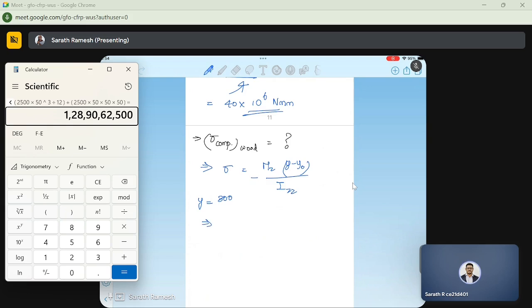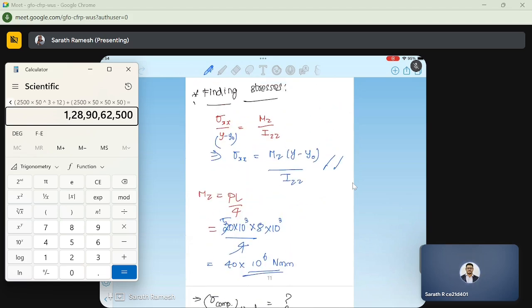Okay, so sigma equal to minus Mz, which we just computed as 40 into 10 to the power 6, into y minus y naught, divided by Iz. What is y?